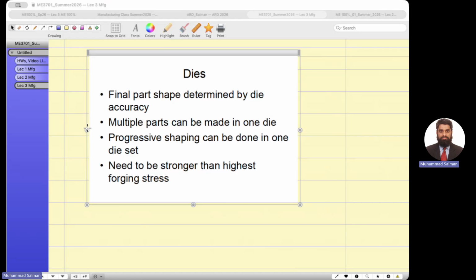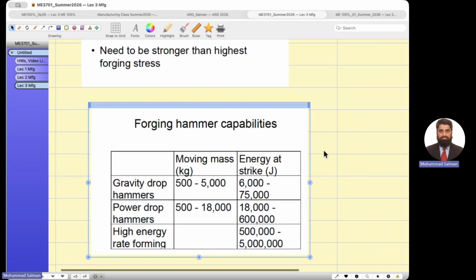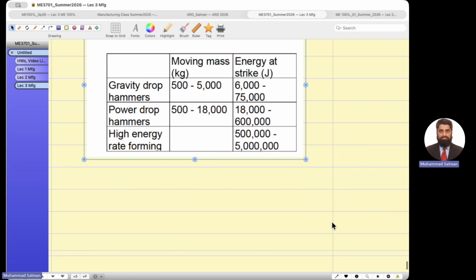These are not analysis, therefore I'm skipping some of the reading. You will read them at home. Can you read these slides when you are at home, or are you busy? You see, energy keeps on increasing: gravity drop, power drop, high energy rate forming.